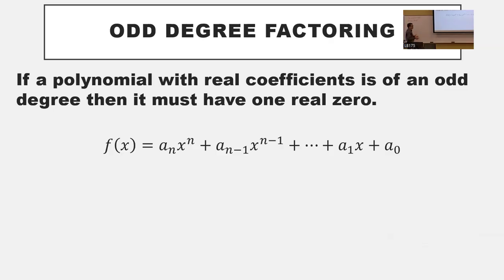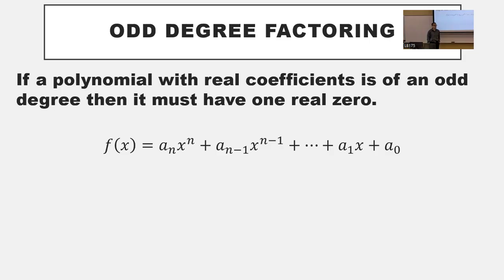Now, another little property, if you think about it, if it's a polynomial with real coefficients and it has odd degree, so the leading term is like x to the third or x to the fifth or x to the seventh, then it has to have one real zero.